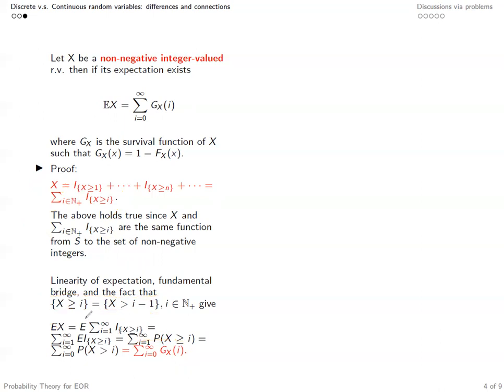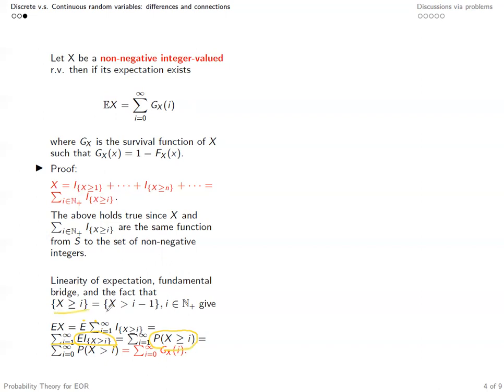Now, if the expectation is well defined, we can exchange the order of the summation and the expectation. So the expectation of the summation is essentially equal to the summation of the expectation. And by the fundamental bridge, we know the expectation of this indicator function, X larger or equal to i, is equal to the probability of X larger or equal to i.